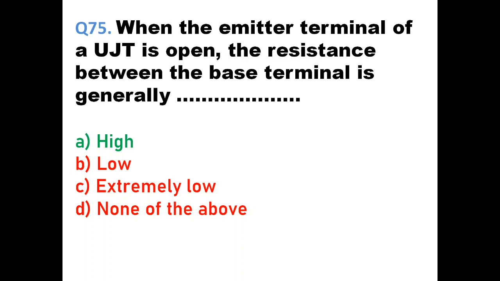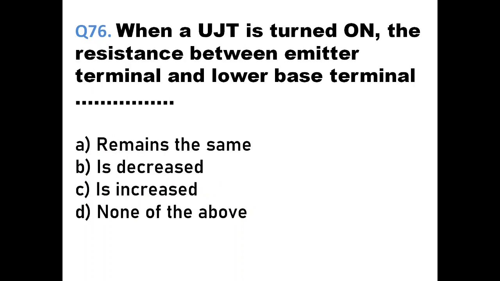Then we'll go to question number 76. When a UJT is turned on, the resistance between the emitter terminal and the lower base terminal, that is emitter and B1, what will happen to that? When the UJT is on, that means the current starts flowing.